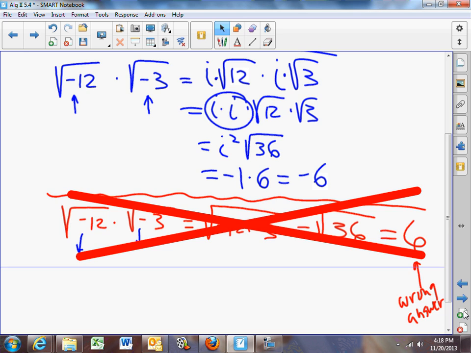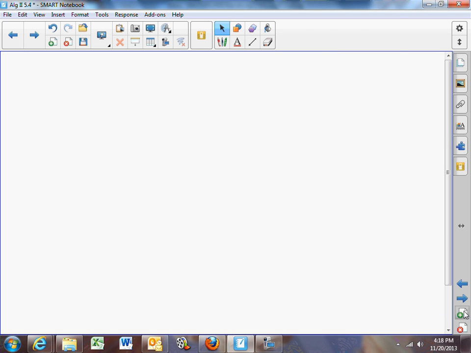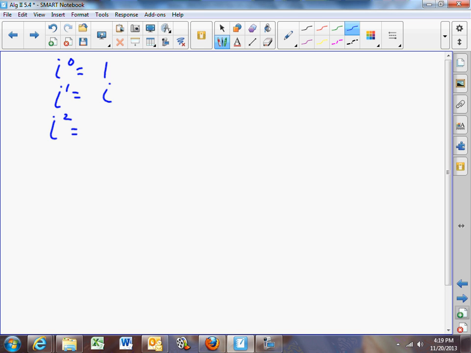Now, the next thing in dealing with i's mathematically is we would want to know what different powers of i are. Now, i to the 0 is, of course, going to be 1 because everything to the 0 is 1, and that works with i's too. i to the 1 is, of course, i. Now, i squared is negative 1. We've gone through that already.